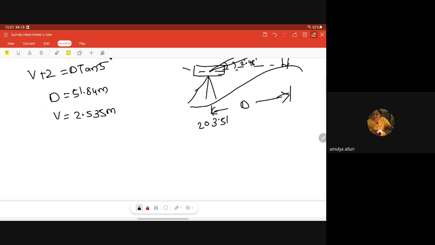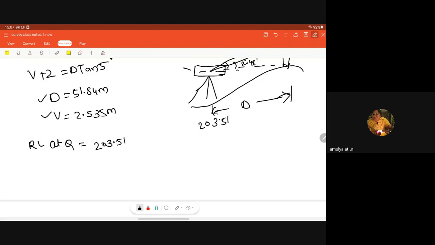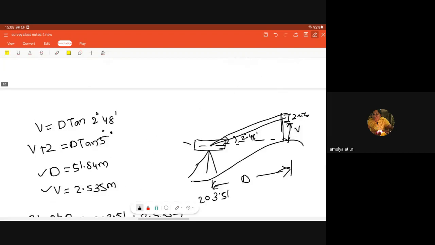Next, they have asked to calculate the horizontal and vertical distances, and next RL. RL at Q is equal to, first RL at A plus height, so 31 plus that height, V minus 1. So 205.045 meters. This is your RL at Q. Got it?